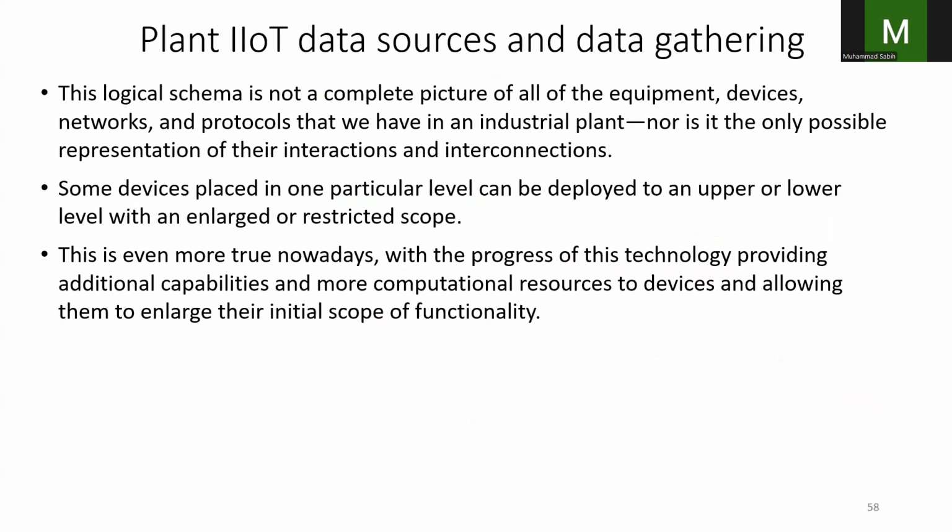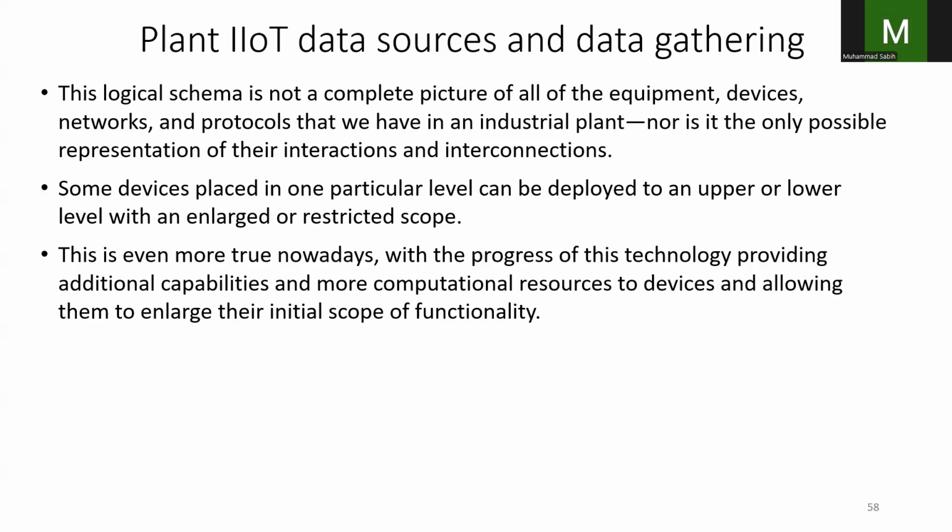In this slide, we see that the logical schema of an industrial plant IoT system is not a complete representation of the devices, protocols, and networks. It is important to recognize that this schema is only one way to understand their interaction and interconnections.